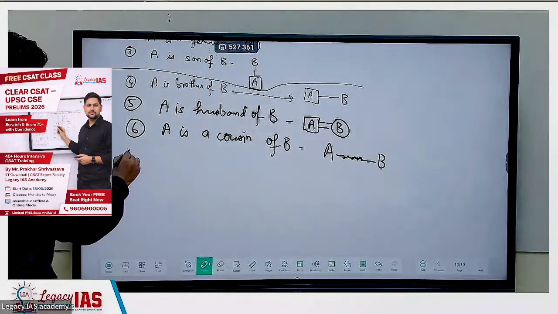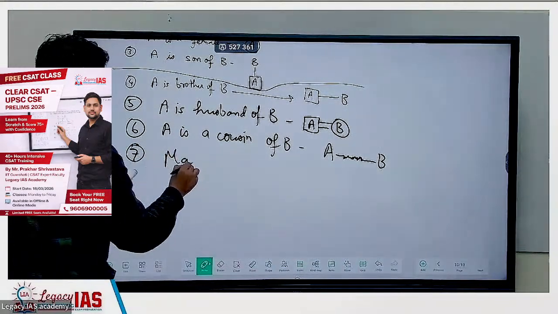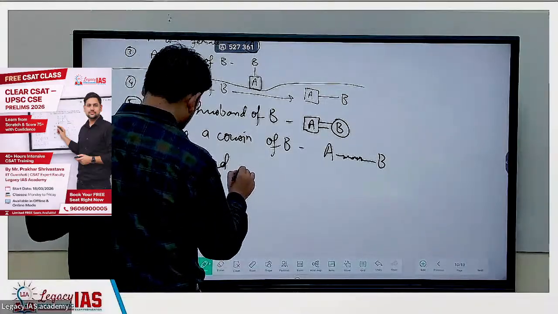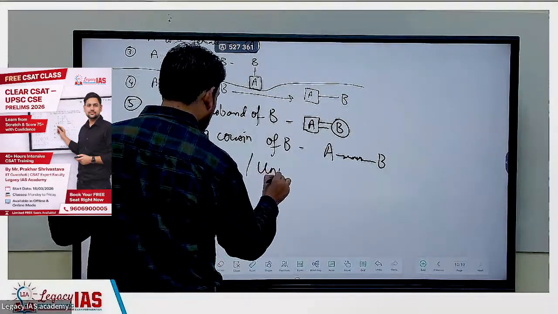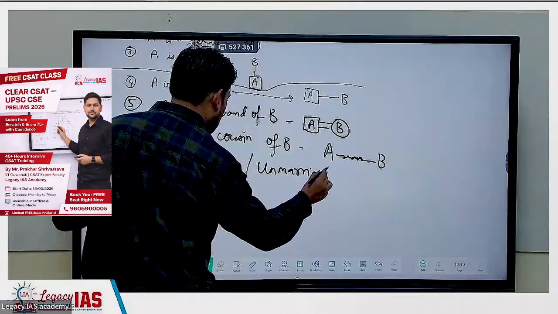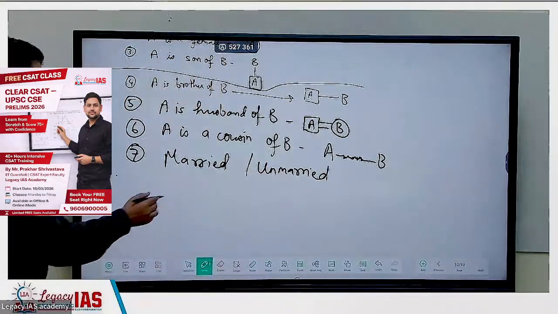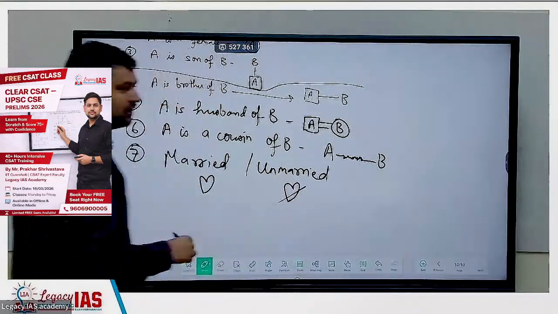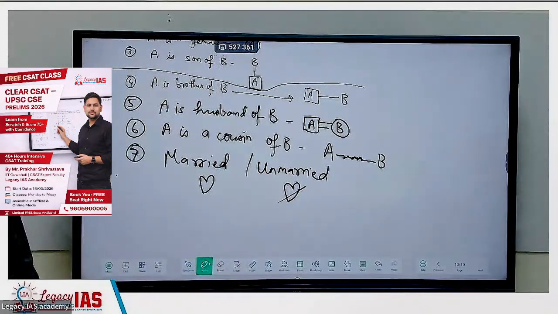Okay. Then seventh is, in some questions we will also need to find married or unmarried. How we will show this: married is this and unmarried is this.